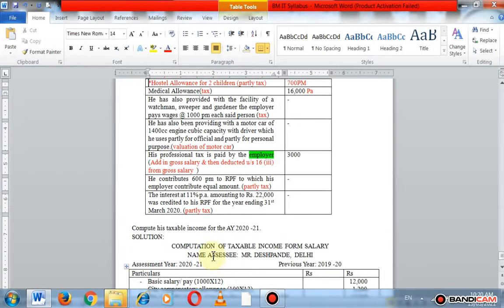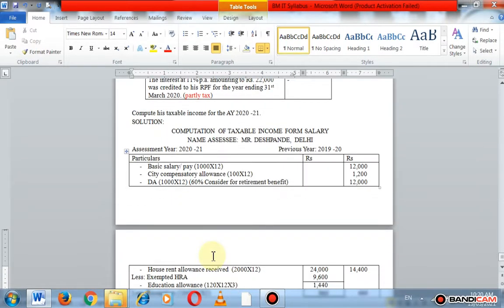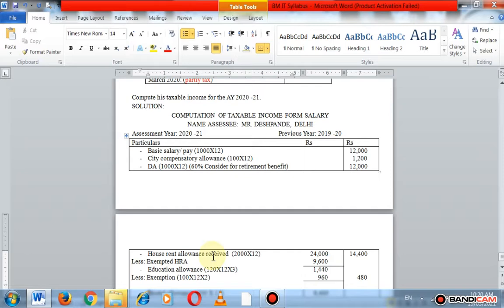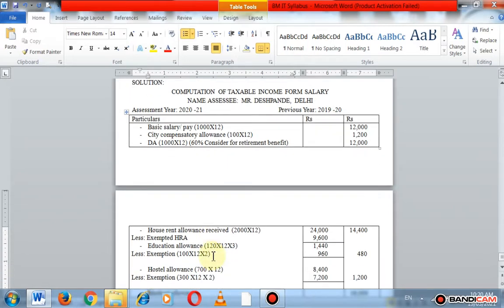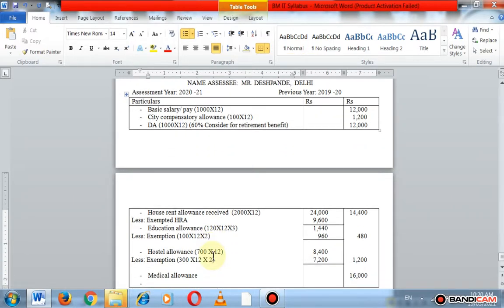is a perquisite. The perquisite is taxable. It means the employer has paid wages to a watchman, sweeper and gardener, and the facility is provided to the employee.